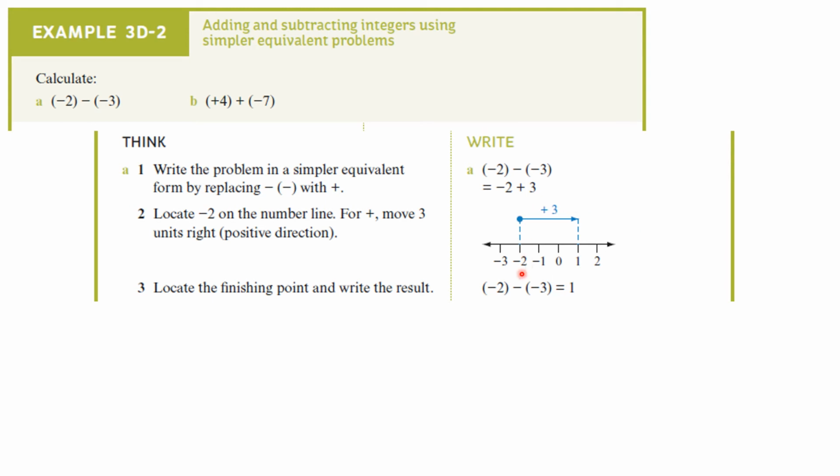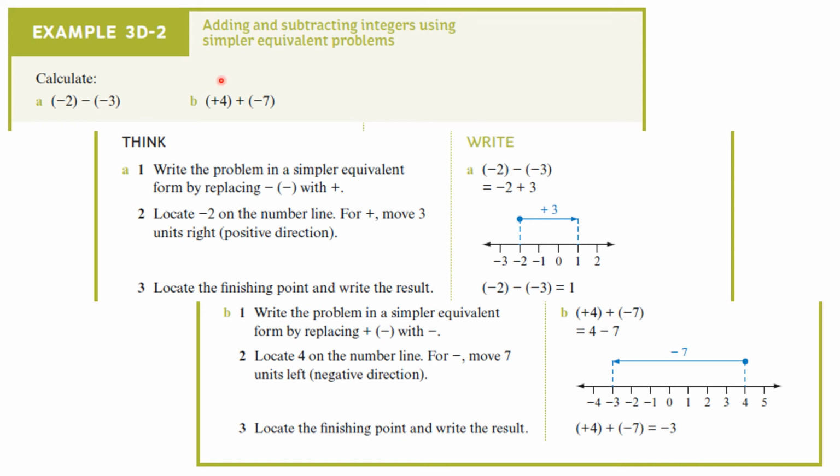So I'm starting at -2 and I'm adding 3 because we change these 2 into a plus. We end up at +1. With question B, I have a positive 4 plus a -7. These 2 in the middle turn into a minus. I'm at +4. I'm now going to the left 7 units. I finish at -3.